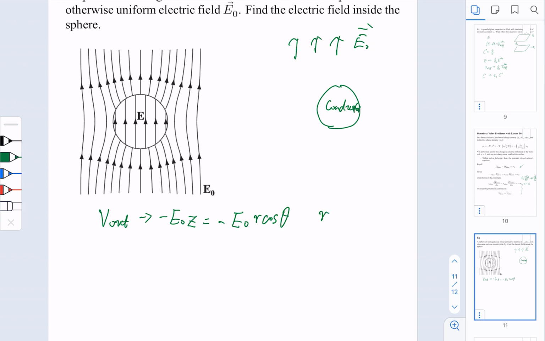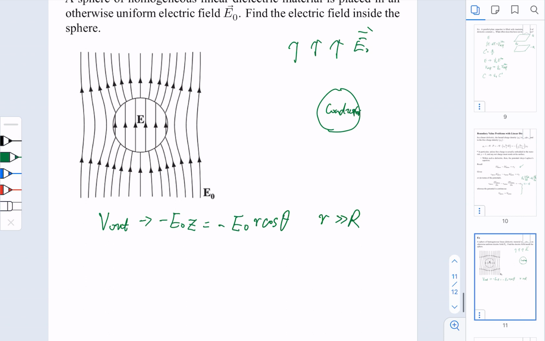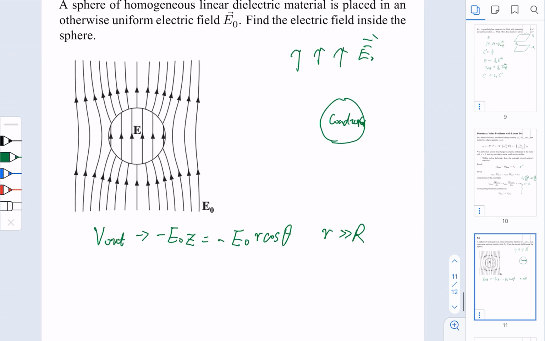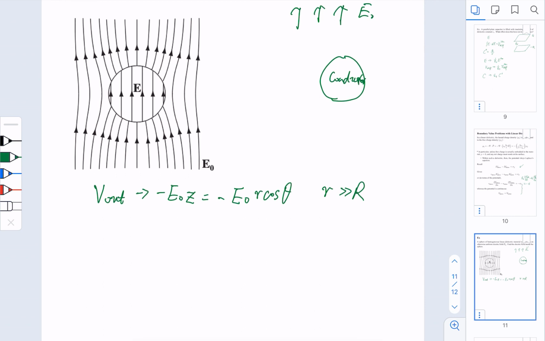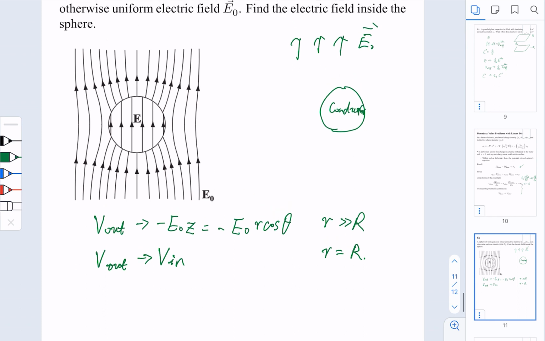This is for R at infinity. For the outside we also have the condition at R equals R: at this boundary, the inside and the outside potential should be exactly equal.